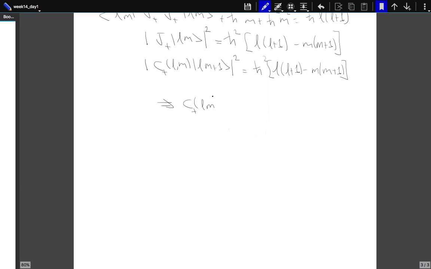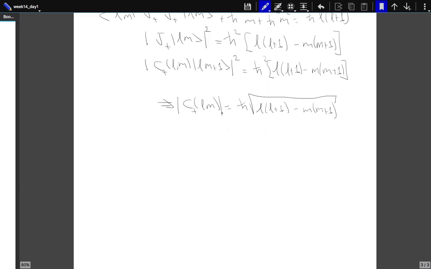So this tells me that C plus Lm is equal to h bar square root of (L minus m)(L plus m plus 1), up to a phase, which we choose to be real.